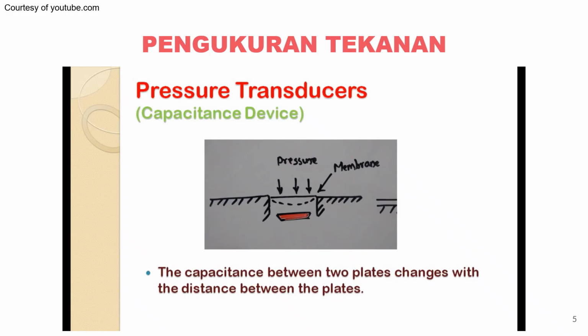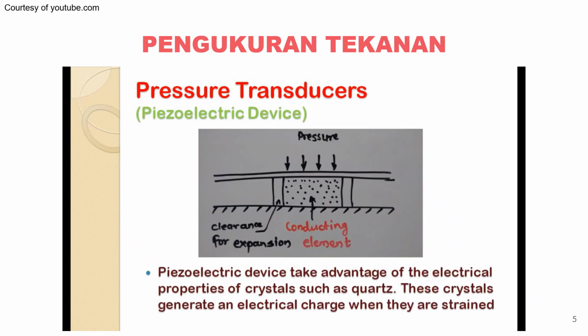Now the last type of electrical transducer is the piezoelectric transducer. A piezoelectric device takes advantage of the electrical properties of crystals such as quartz. These crystals generate an electrical charge when they are strained.